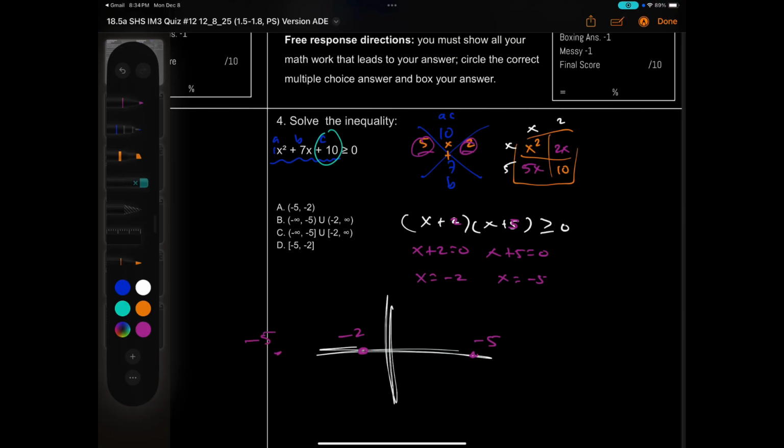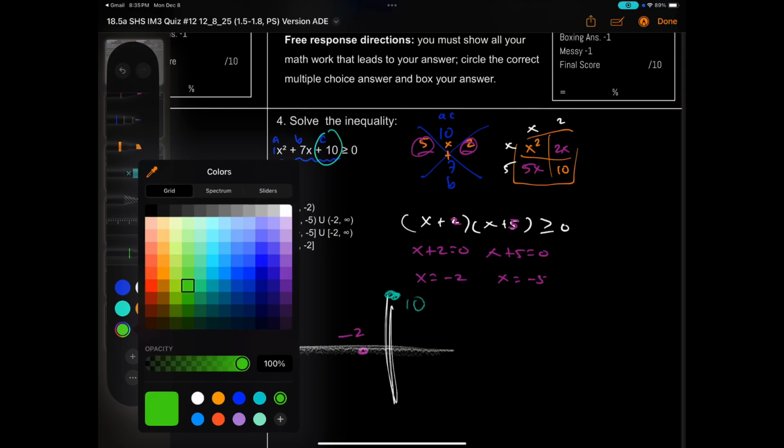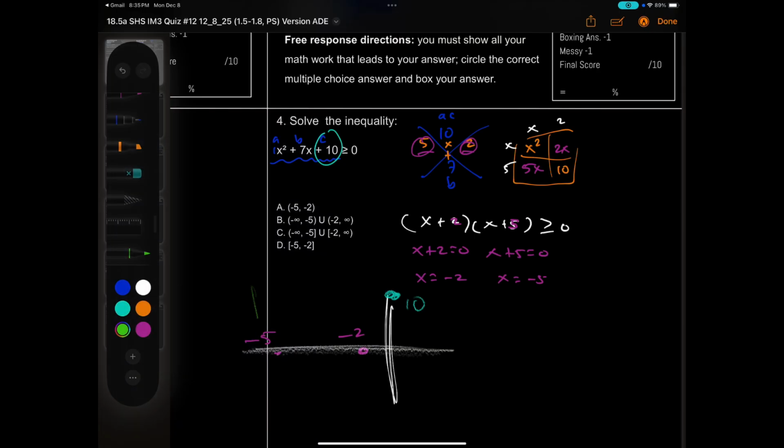That makes sense because the c value is 10, and then we have a graph. Looks something like this, right? Okay. So 2 points so far if you factored.